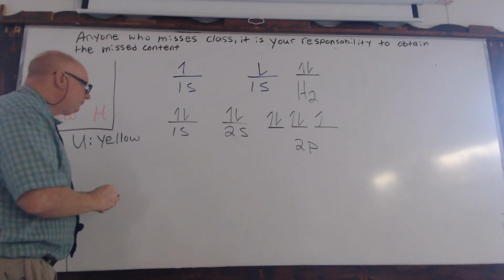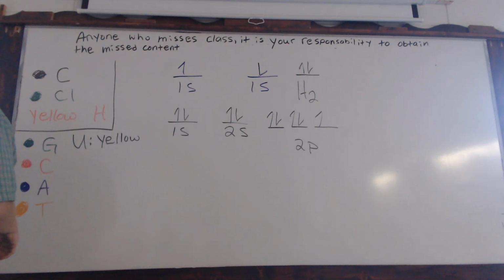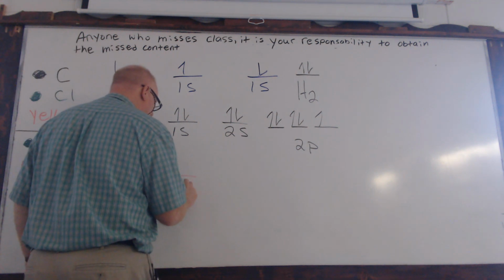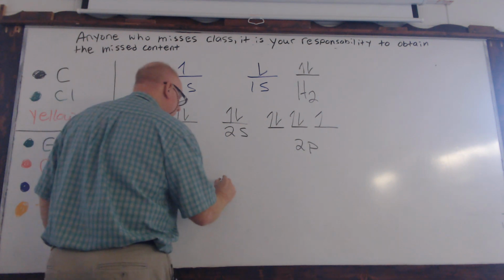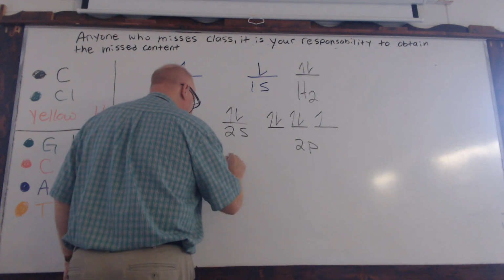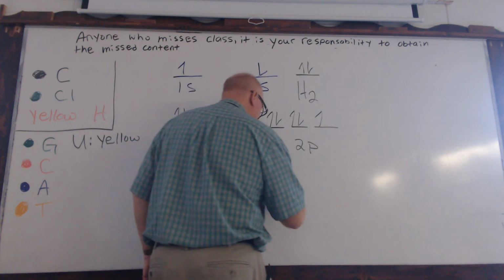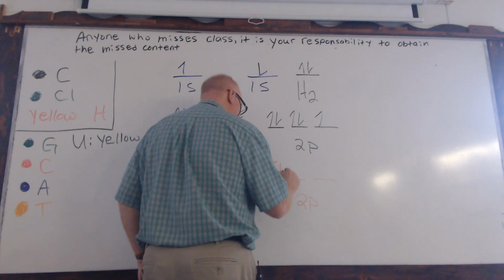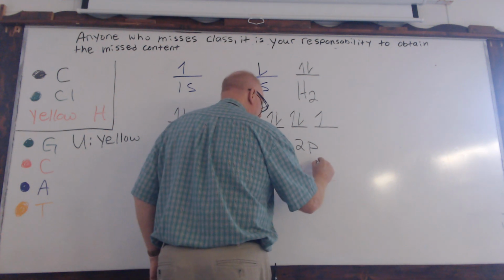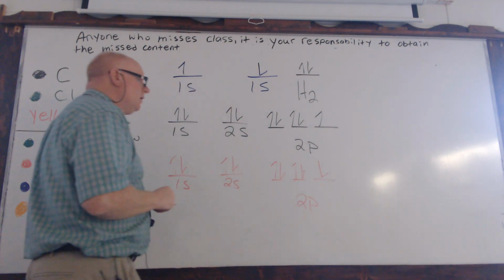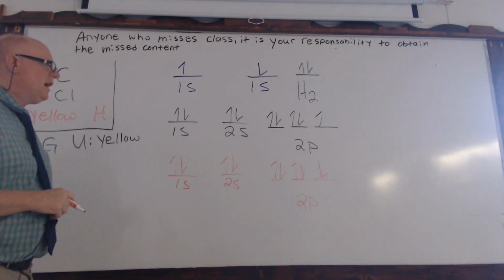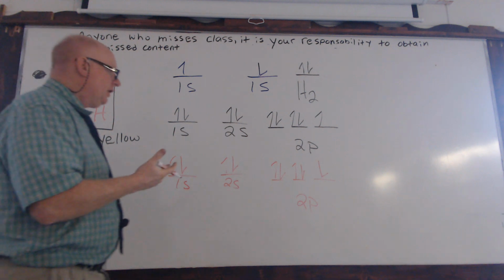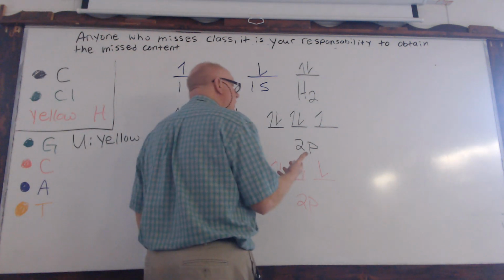So now, if we had another fluorine atom, we could say the same thing, 1s, 2s, and then 2p. So what that again is illustrating, another way of looking at this, is just the valence electrons as well.